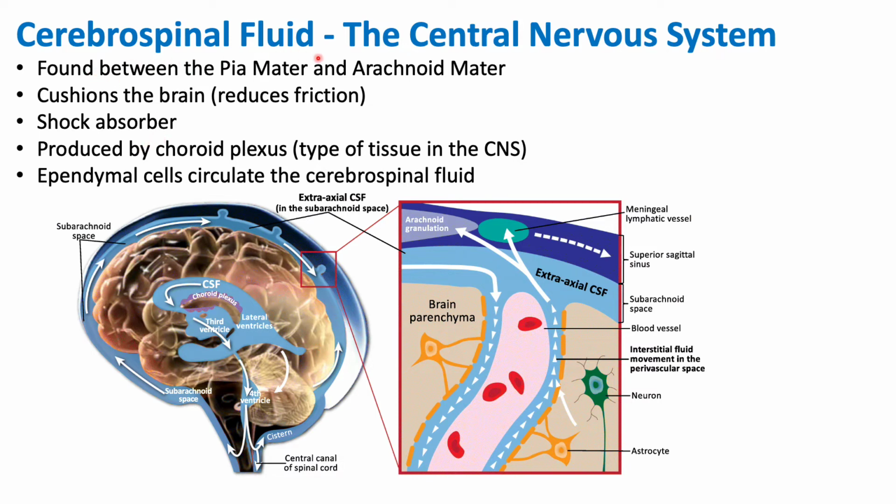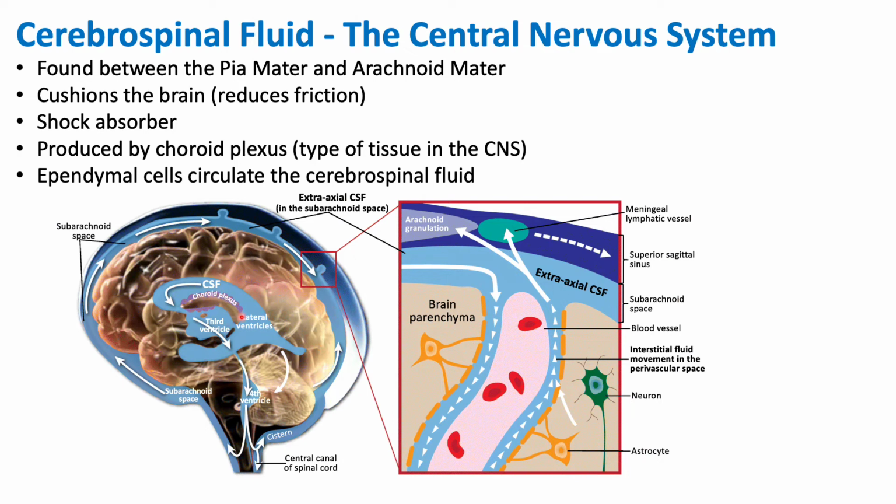Now, the cerebrospinal fluid is produced by the choroid plexus, which is a type of tissue in the central nervous system. Over here, we can see the choroid plexus. The choroid plexus is the tissue found within this fluid compartment in the ventricles of the central nervous system. Here we can see the lateral ventricles, the third ventricle, and then the choroid plexus, and this is all a fluid-filled environment.